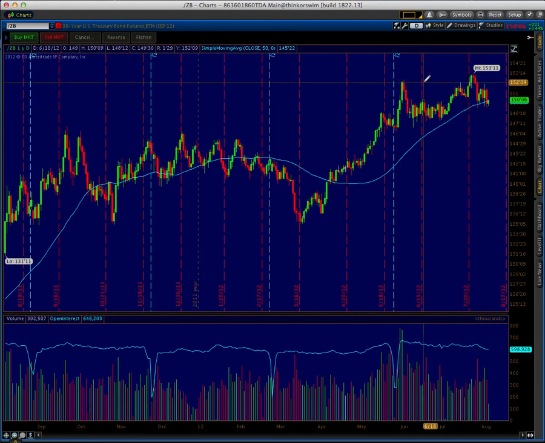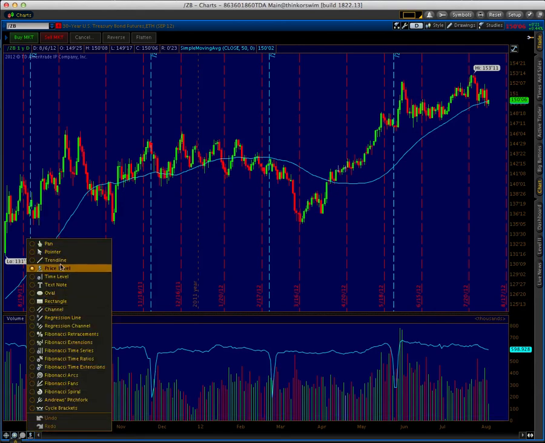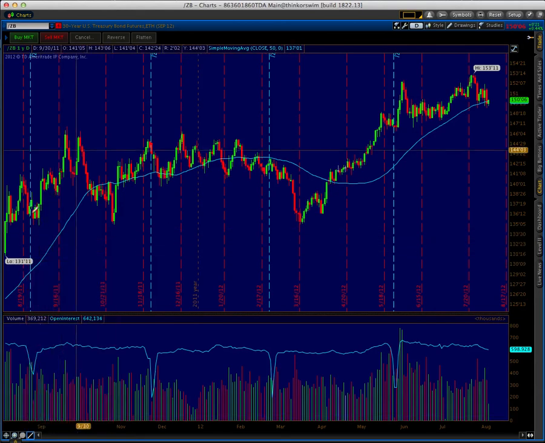Now, we haven't seen a real ABC correction pattern. This is not one because it didn't break its trend. So we're going to see an ABC correction pattern somewhere in here. You see, actually, bonds are extremely correlated to stocks.